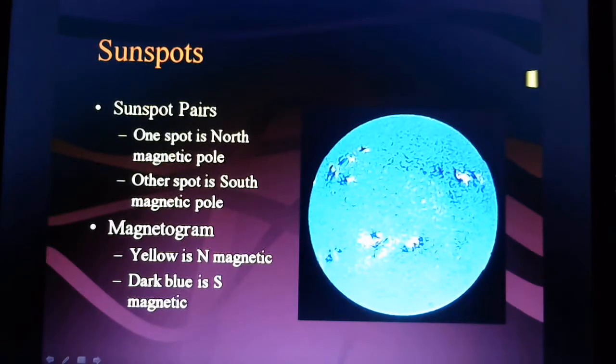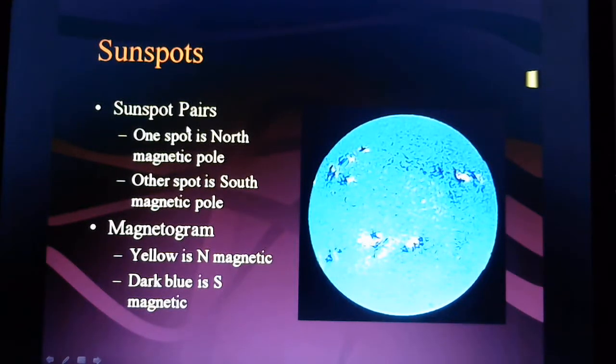So, once again, the magnetogram is showing the same thing that the Zeeman effect was showing for the single sunspots in the previous lecture. That's talking about where sunspots are being formed in pairs now, because they're in north and south pairs according to the north and south poles that they have for their magnetic fields.